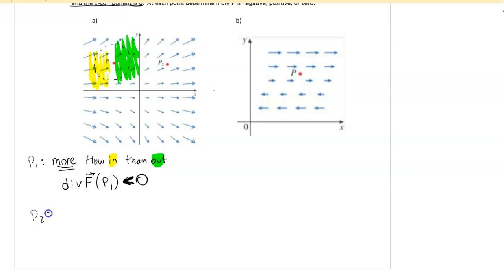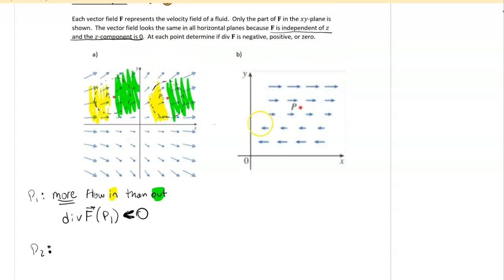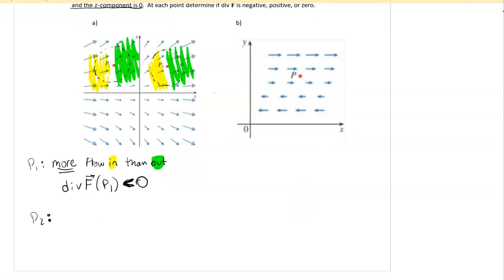For P2, let's do something similar. If you think you got the idea, pause, take a guess, look at it, say it in your mind before I get there. So I'm looking at these vectors over here, comparing them to these vectors over here. I think this is a little bit clearer in my opinion. It certainly looks like we have more vectors, or at minimum, larger vectors, magnitudes bigger, for those that are leaving, going away from our point.